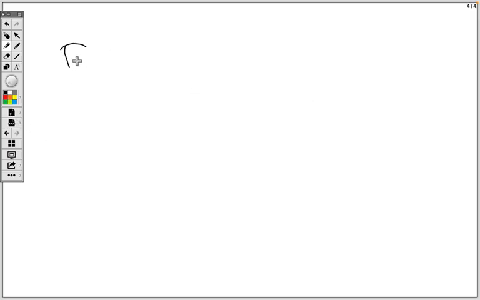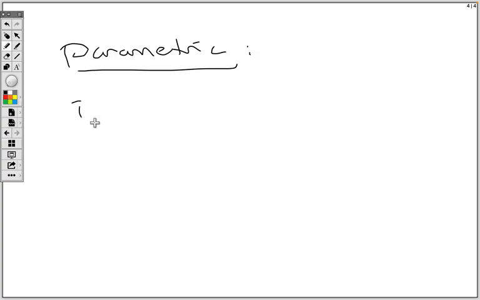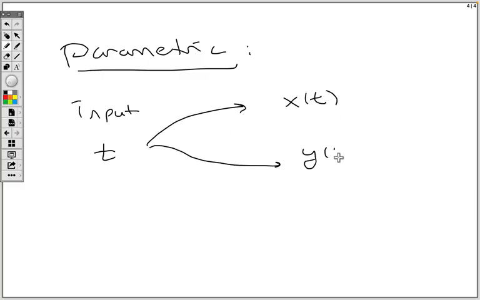Then you had parametric equations. Parametric equations, your input was t. You could think of that as time. And you sent that over to a pair of functions, x of t, y of t, which would then produce a point x comma y.